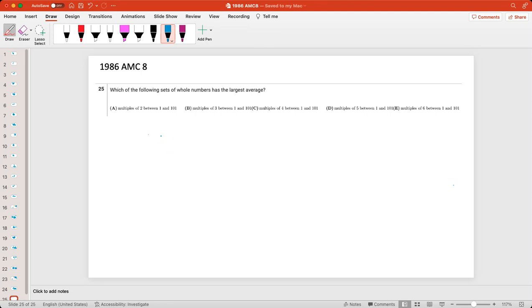the first one, multiples of 2. So starting number is going to be 2, ending number is 100. The average of this is 102 by 2, which is 51. Now looking at 3, starting number 3, ending number 99. So again 51. Then you have starting number 4, last number 100.